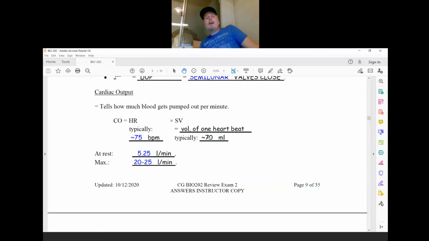Stroke volume is how much blood was pumped out in a single contraction, and that is typically about 70 milliliters. So if you do the math, we end up at roughly 5.25 liters per minute as a typical cardiac output at the resting individual.